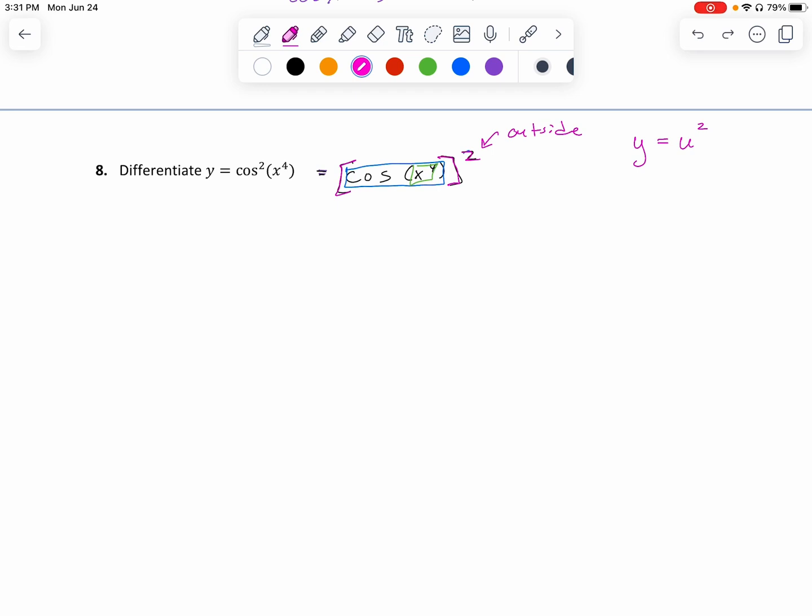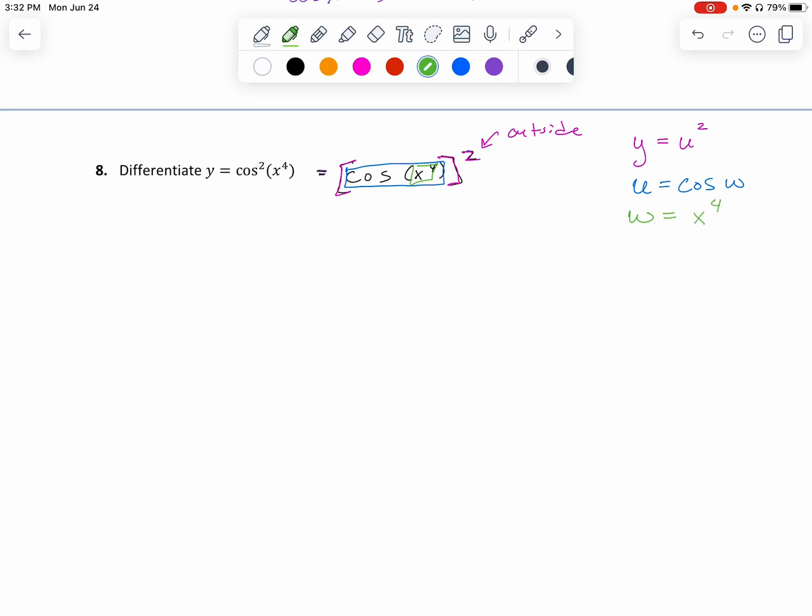And then my next function could be z equal to cosine w, sorry, that would be a u. And then our next input would be w. Our most inside function is really x to the fourth.